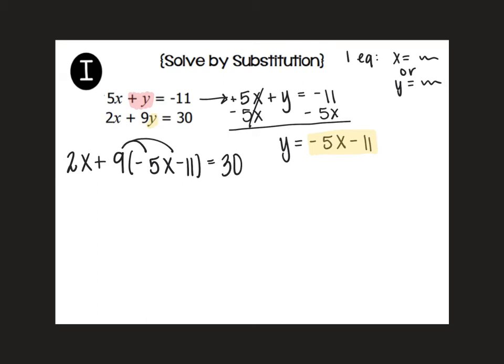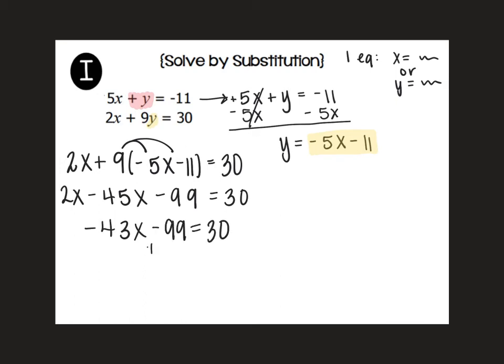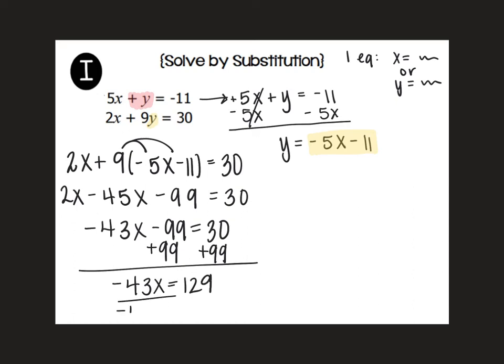Then I would distribute, so 2x minus 45x minus 99 equals 30. Combine like terms, 2x minus 45x is negative 43x, minus 99 equals 30. Add 99 to both sides. You get negative 43x equals 129. And when you divide by negative 43, you get negative 3.